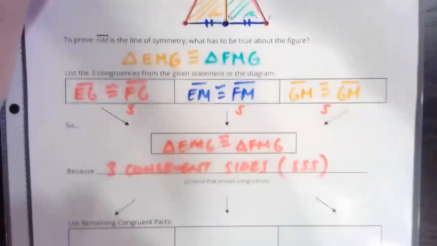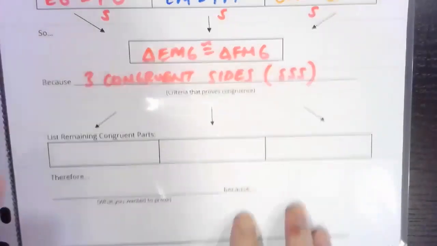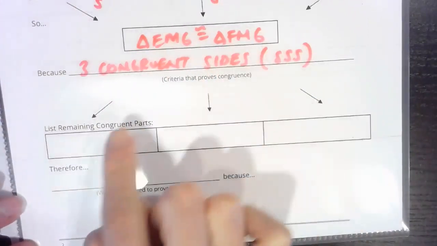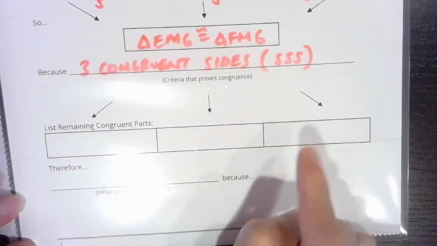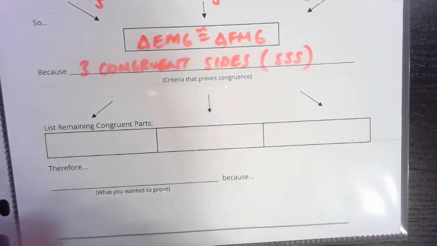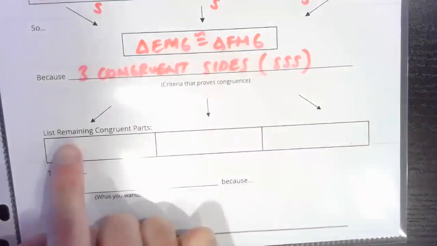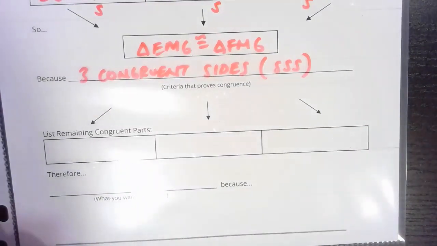In the next part of this flow chart, once I've proven the two triangles are congruent, I can list the remaining parts that are also congruent. And I actually don't even need this as part of my proof because I've proven what I need to up here, but I'm going to list the remaining parts just for good practice.